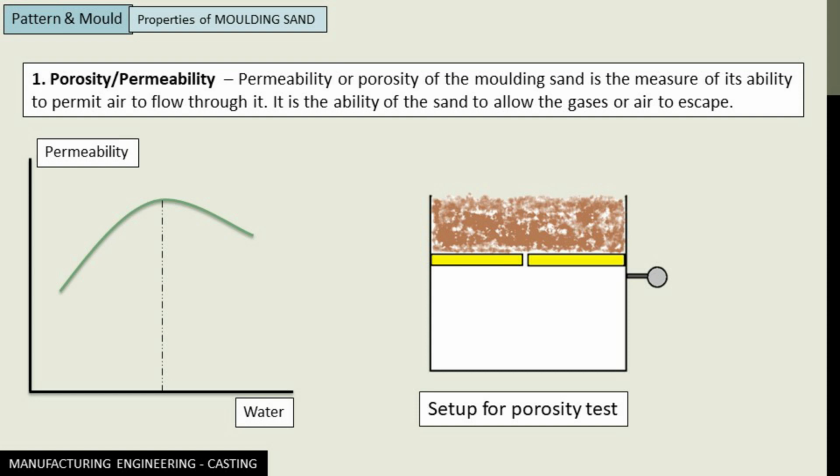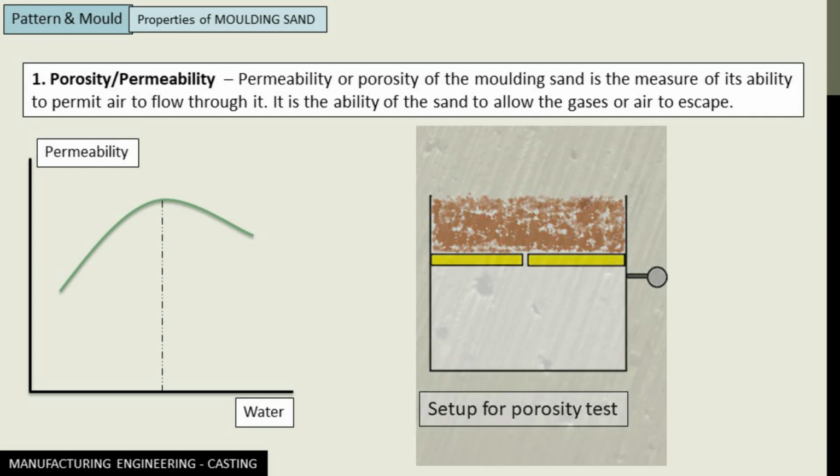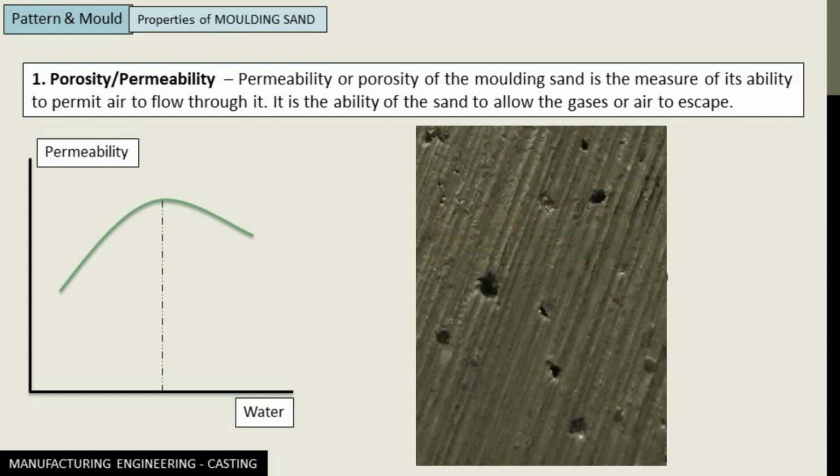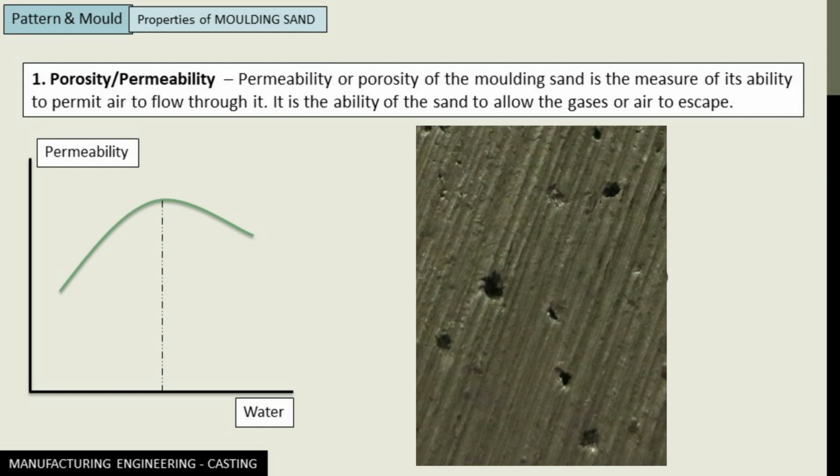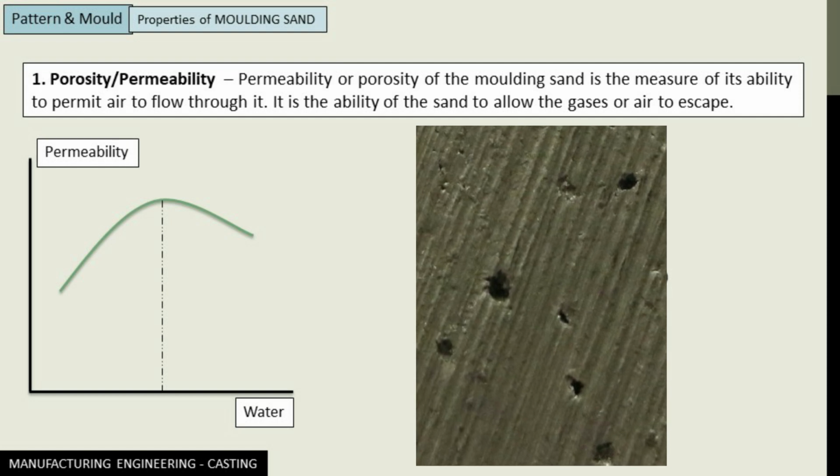If all these gases and vapors are not able to escape completely through the wall of the mold, they may penetrate the liquid metal, where after solidification they form gas holes and pores. And these gas holes and pores are what we call casting defects.